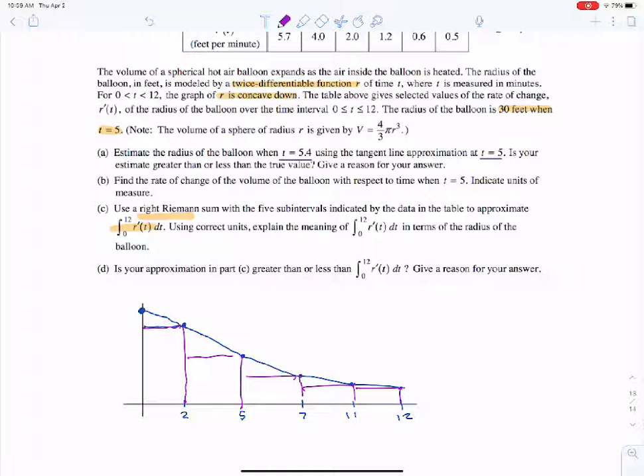You just want to indicate that it's decreasing on the interval from 0 to 12. If the function had been increasing on the interval from 0 to 12, all our values would have been an underestimate, but in this case, it was decreasing. But if you really want to show off and be awesome, you can.